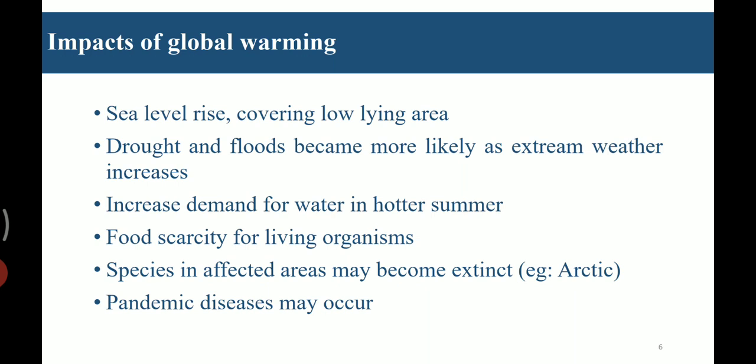Then drought and floods become more likely as extreme weather increases. Then increased demand for water in hotter summers. Then food scarcity for living organisms. Then species in affected areas may become extinct, for example in Antarctica. Then pandemic disease may occur. So these are the major impacts of global warming.